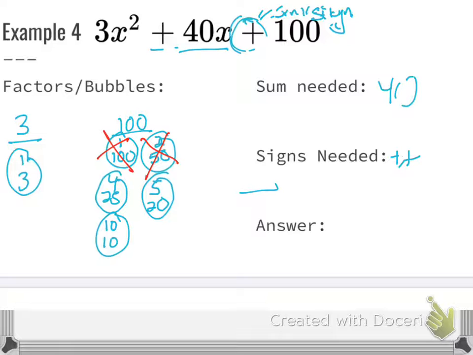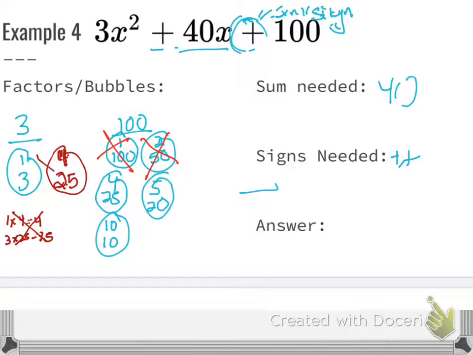So let's go up here. I'm going to go with 4 and 25. Okay, those are ugly, but we're going to try it. 1 and 4 is 4. 3 and 25 is 75. Too big, not going to work. So I can erase that little guy.